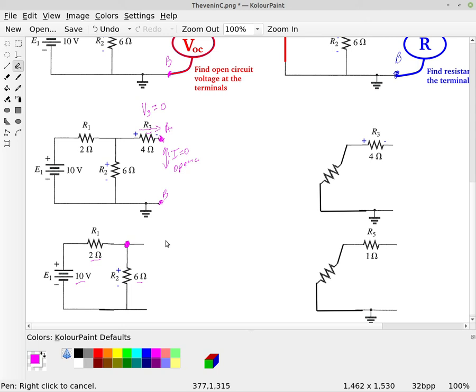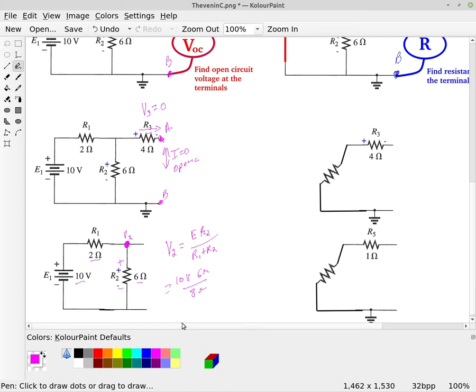So using the voltage divider, we'll find that V2, the voltage across this resistor, is equal to E times R2 divided by R total, which is R1 plus R2 for this circuit. That's, of course, 10 volts times 6 ohms divided by 8 ohms.